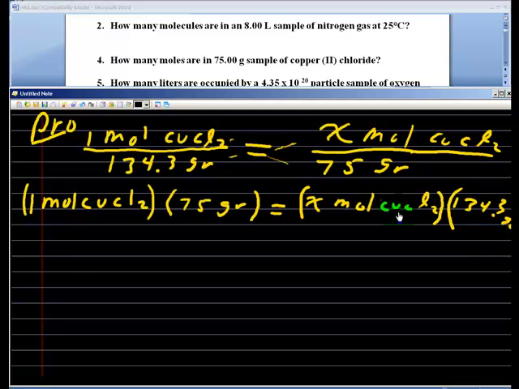Now we're going to isolate our X. So what we're going to do is divide both sides by 134.3 grams.